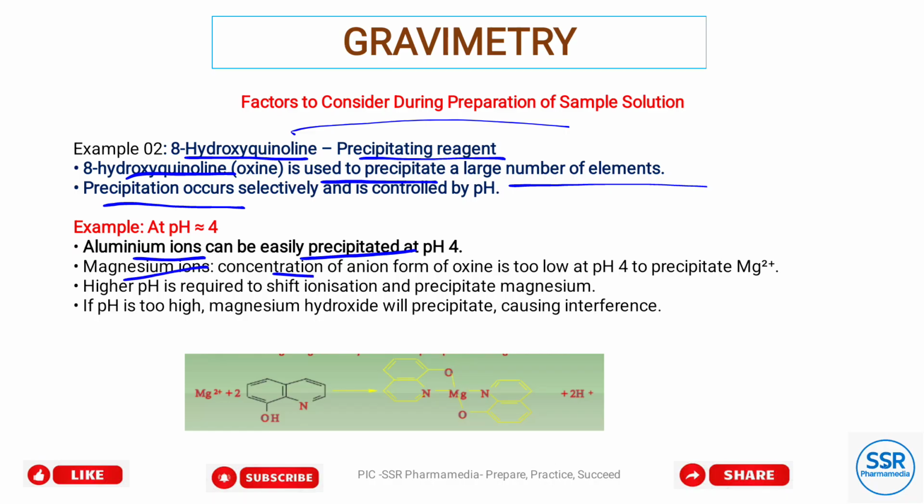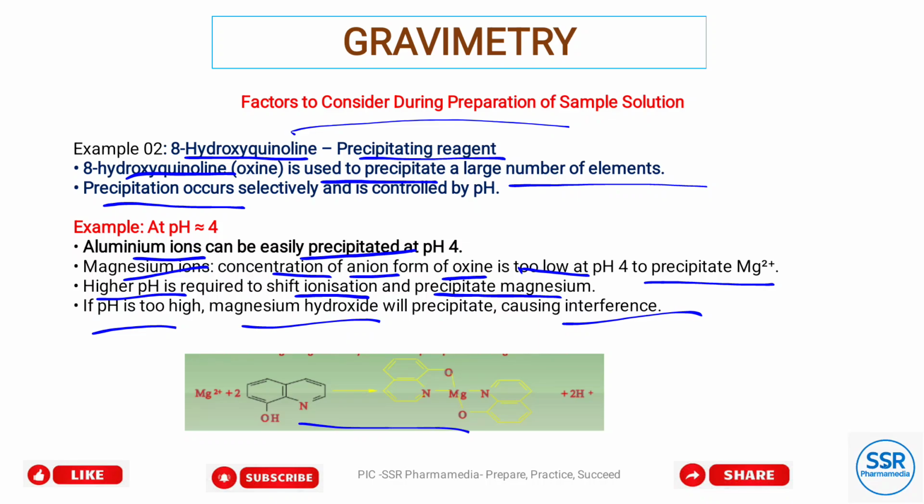Magnesium ions are not, because the concentration of the anion form of oxine is too low at pH 4 to precipitate magnesium ion. A higher pH is required to shift ionization and precipitate magnesium. If the pH is too high, magnesium hydroxide will precipitate, causing interference.